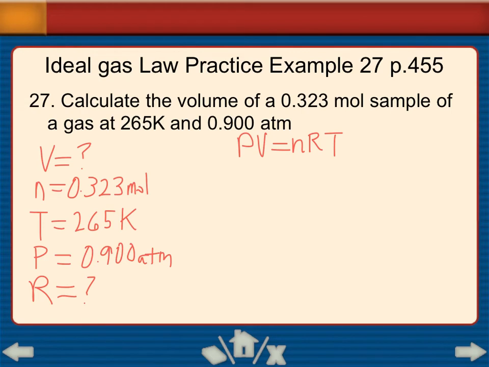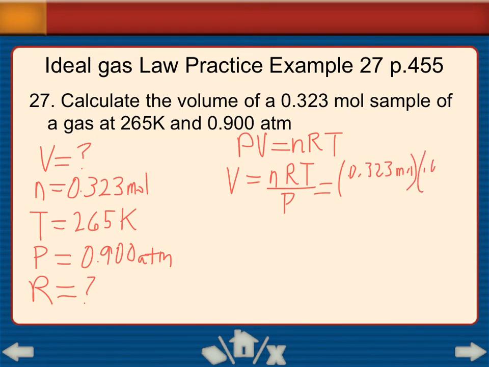We are looking for the volume, so V equals nRT over P. And if we substitute everything in, we have 0.323 moles.